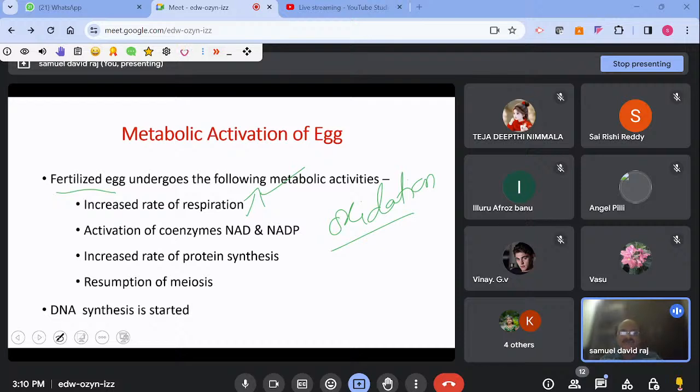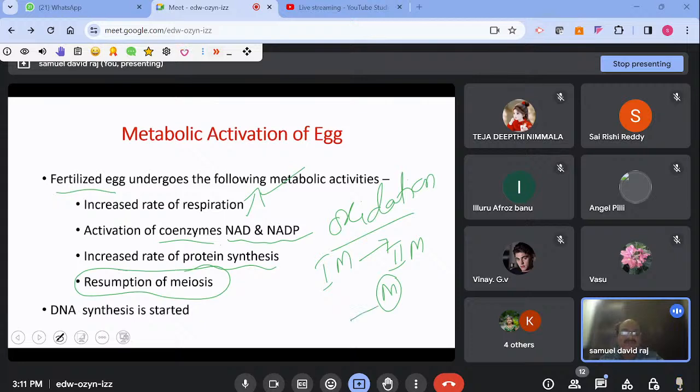During oxidation, what happens? Glycolysis, Krebs cycle, and electron transport, release of energy. So many things happen for which certain vitamins are required as coenzymes, like activation of NAD and NADP. At the same time, increased rate of protein synthesis takes place. Resumption of meiosis: the first meiosis is completed, and in the second meiosis, it is arrested in metaphase.